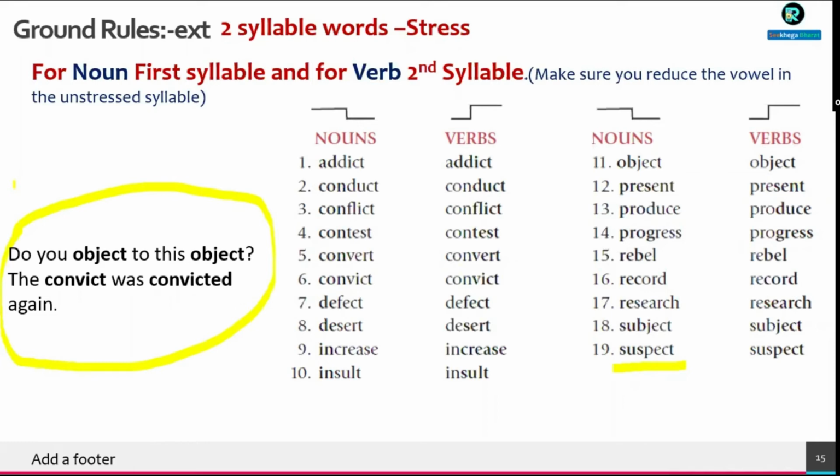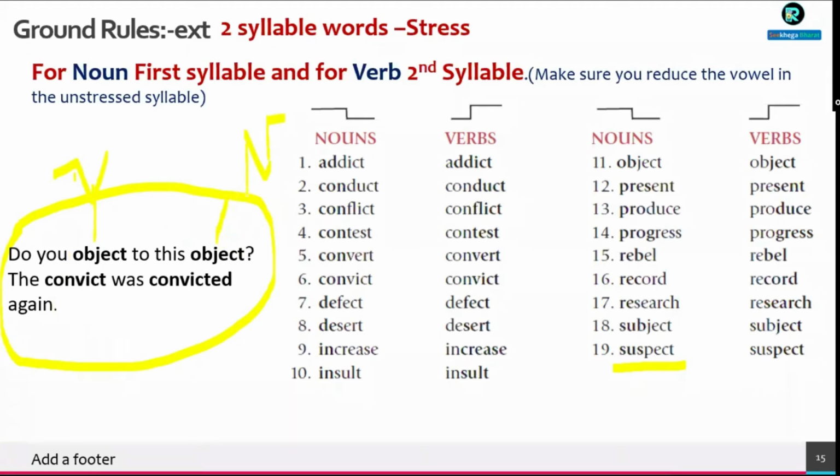Do you object to this object? So first of all, you have to understand which one is a verb and which one is a noun. First one is basically the verb, do you object. And this is the noun.